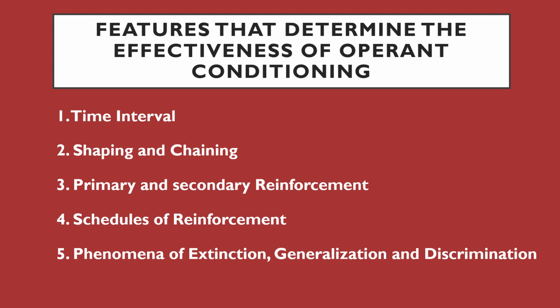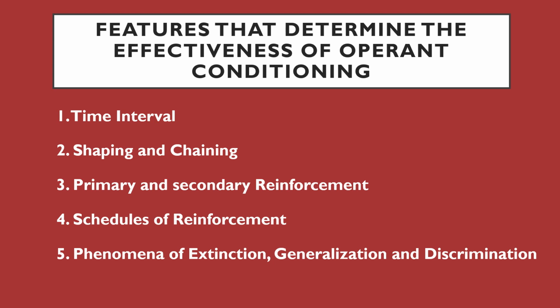Then the second is shaping and chaining. For example, a monkey riding a bicycle in the circus. These behaviors are learned by a process termed shaping. Shaping is based on the principle that a little learning can lead to final mastery.